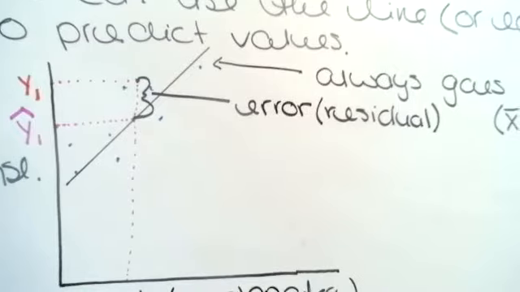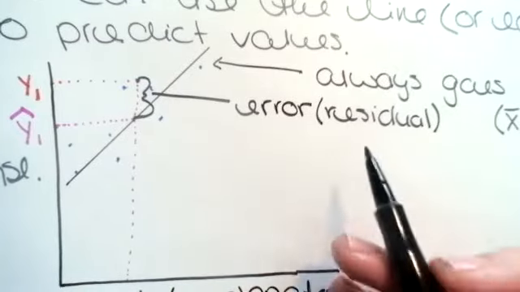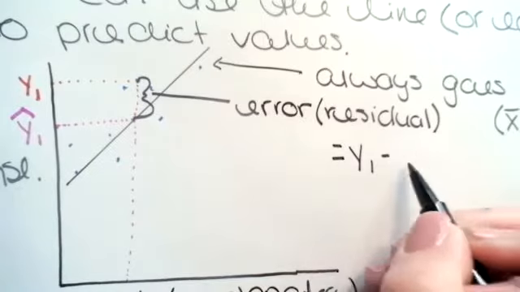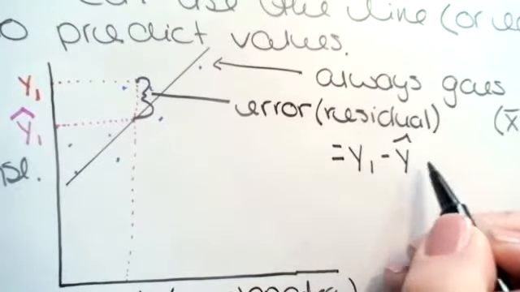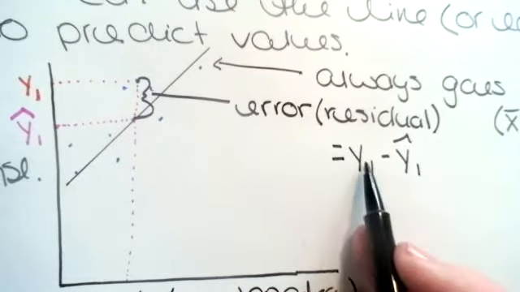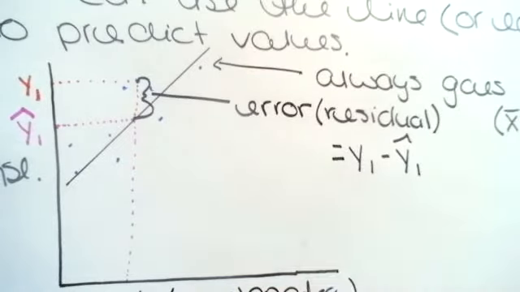When I'm calculating the error or residual, this will be equal to y1 minus y hat 1, okay? So it's going to be my actual, so I will write that down here so we know.